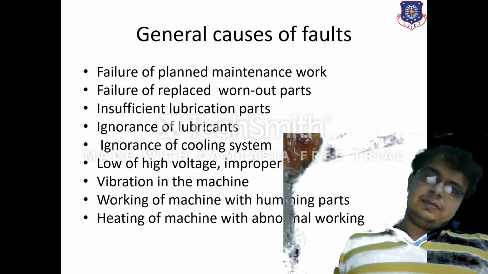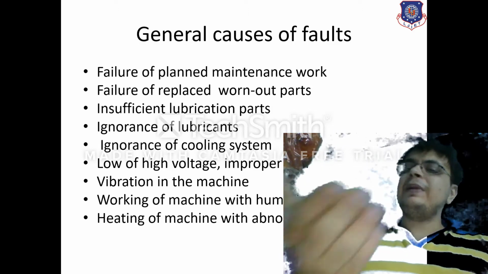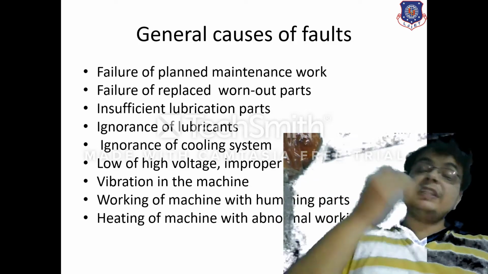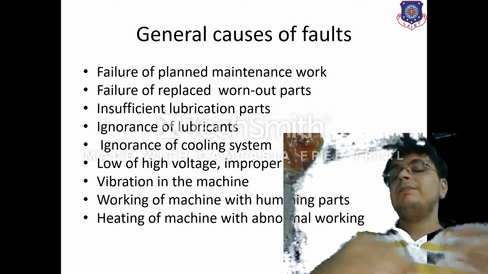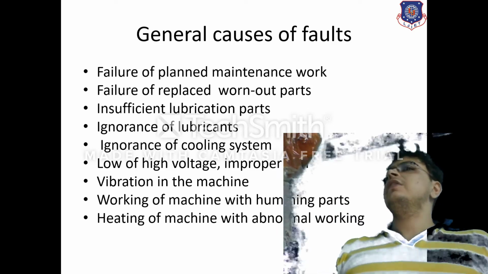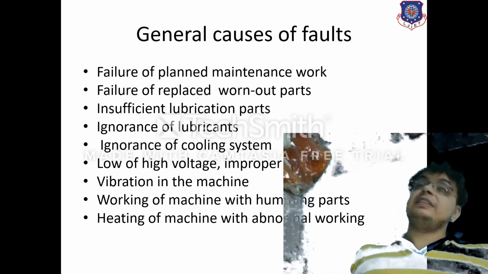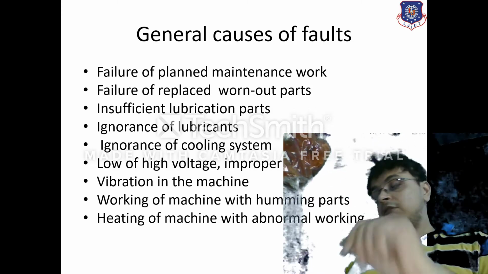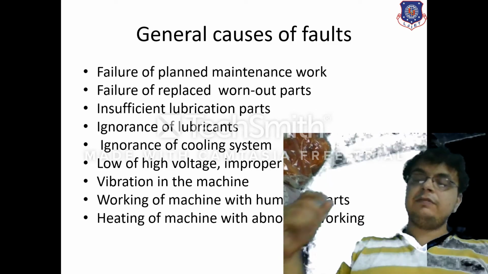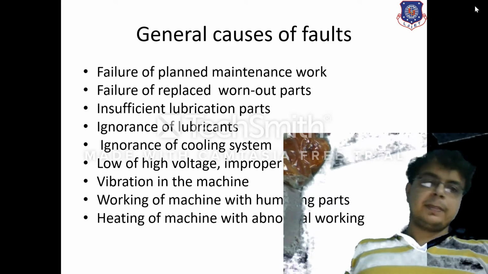General types of faults are the failure of the planned maintenance work. If the maintenance work has failed, then the failure to replace worn out parts. Means if the parts have worn out because of more usage, improper lubrication, improper or poor maintenance. Ignorance of the lubricants is also a problem. If we are not lubricating it properly and daily with sufficient, proper material, the failure can also take place.